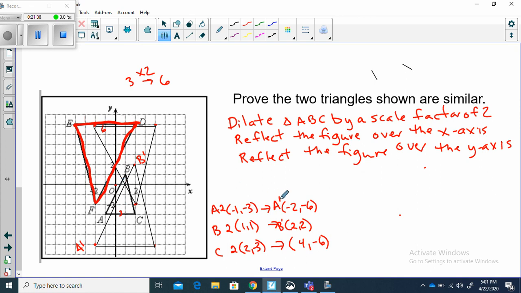I dilated it by a scale factor of 2, made it twice as big. I reflected it over the x-axis. Then I reflected it over the y-axis. You could probably do the same thing by rotating this 180 degrees. You could try that. But either way, I mapped one on top of the other using a dilation and 2 reflections, and I've proven that the two figures are therefore similar.